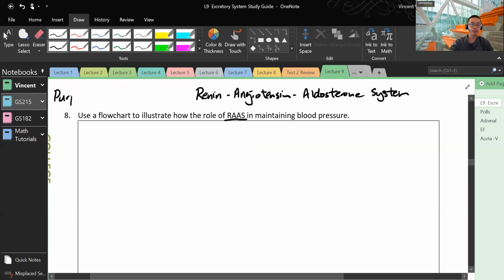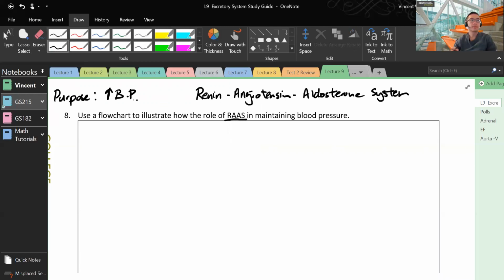Purpose. The purpose of the RAS is to increase blood pressure.